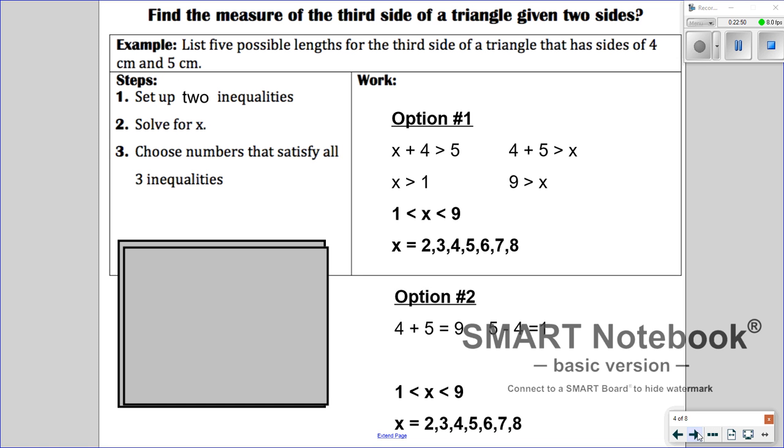With an example where you have two sides and you need to find the third, the easier option is to add the two sides that they give you and then subtract them to find your range. All the numbers in between that range will determine your third side.